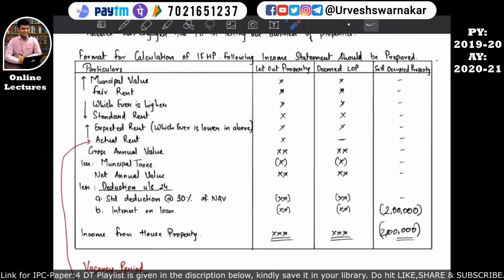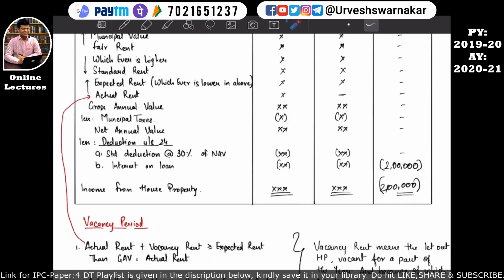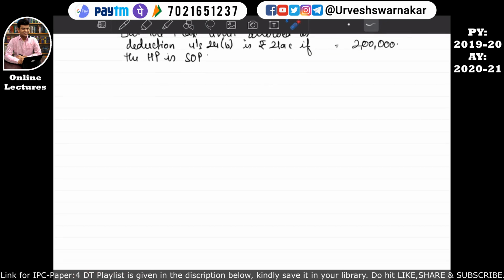Okay, so by now it is very much clear that how a particular assessee, if he is having a self-occupied house property, then also can incur a loss. Basically this is given as a relief to an assessee. Okay, why? Because there are many a times possibility that, understand over here, an assessee is there who is a salaried person, and his salary is say rupees 15 lakhs per annum.